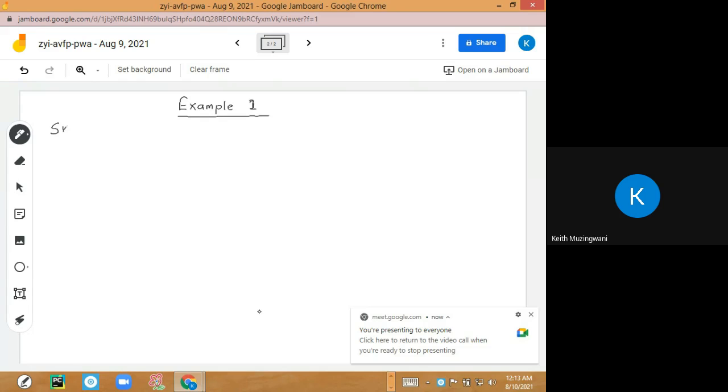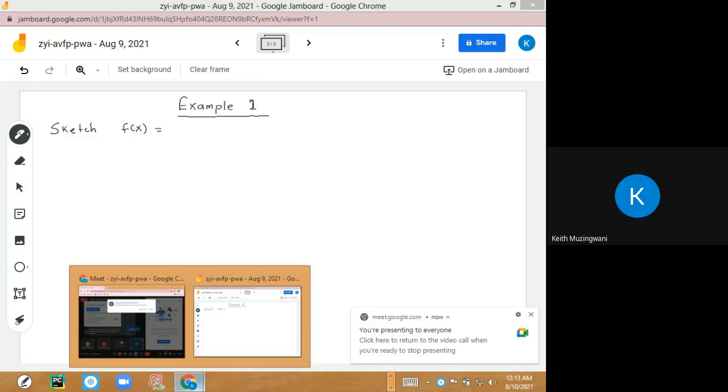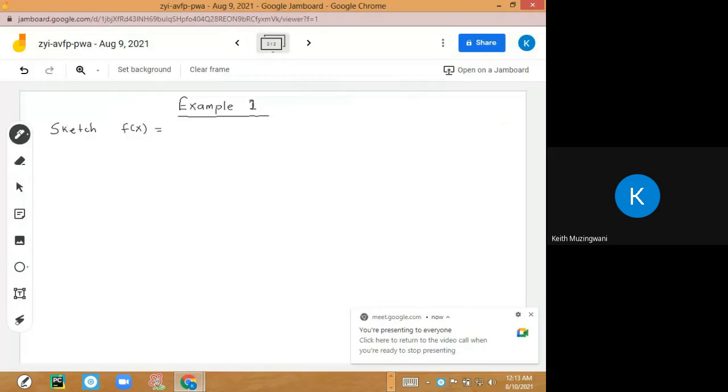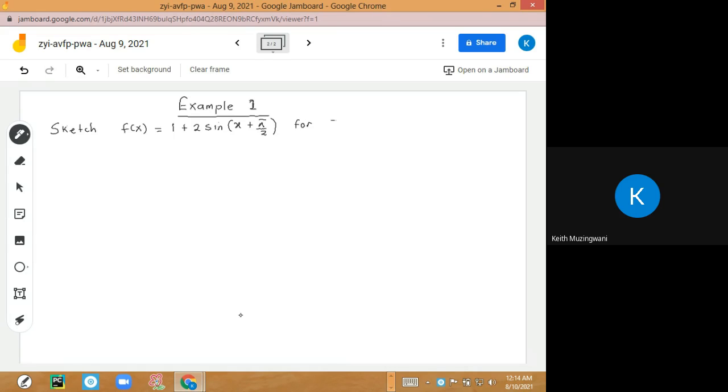So sketch f of x is equal to 1 plus 2 sine (x plus pi over 2) for negative pi over 2 less or equal to x less or equal to 3 pi over 2.